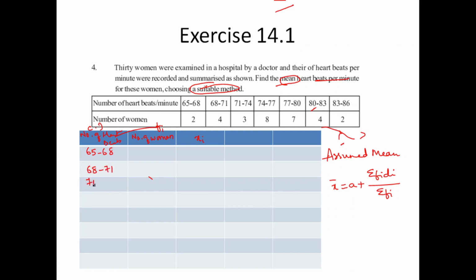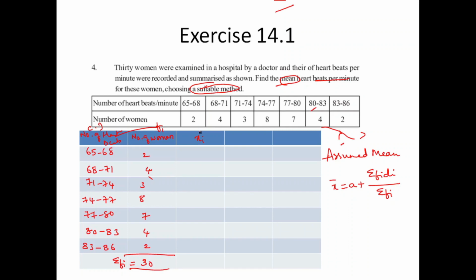Next one is 71 to 74, 74 to 77, 77 to 80, again 80 to 83, 83 to 86. Write these values also: 2, 4, 7, 8, 3, 4, and 2. So you need to find sigma of f of i. When I'm adding all this, you will be having the value 30.